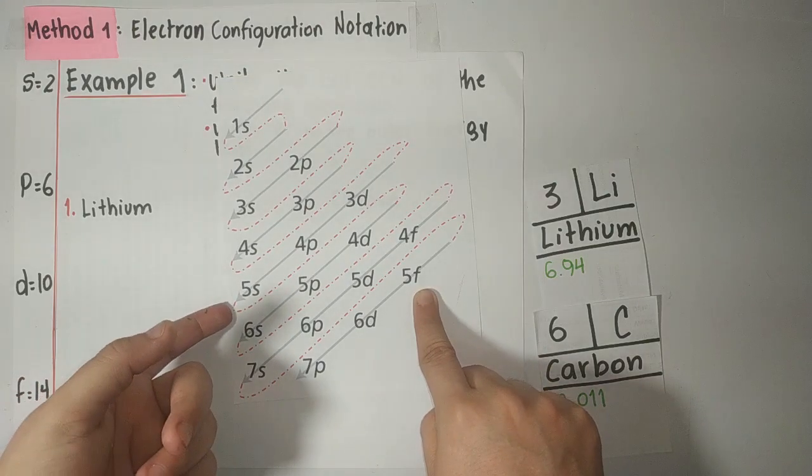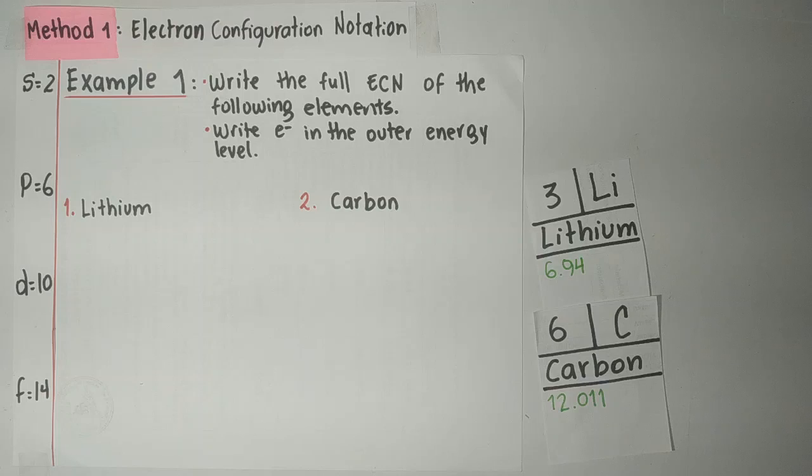Now, as the name says, electron configuration notation is a way to express the electrons that are present in the elements.